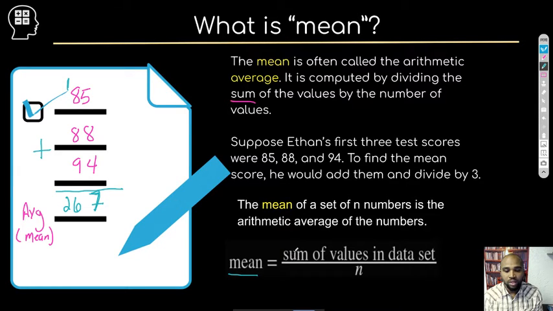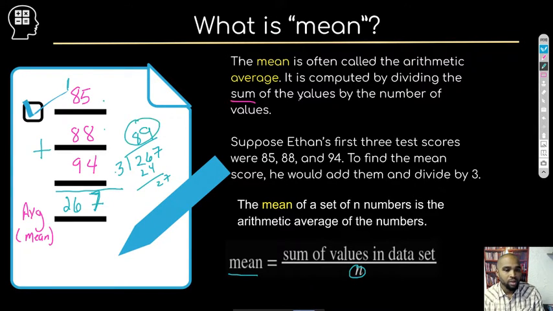Look at this formula. All you do is take the sum of all those values and divide it by the number of values you have. How many do we have? 1, 2, 3. So n stands for the number of values. Since we have 3, we take 267 and divide it by 3. 3 goes into 27 nine times.